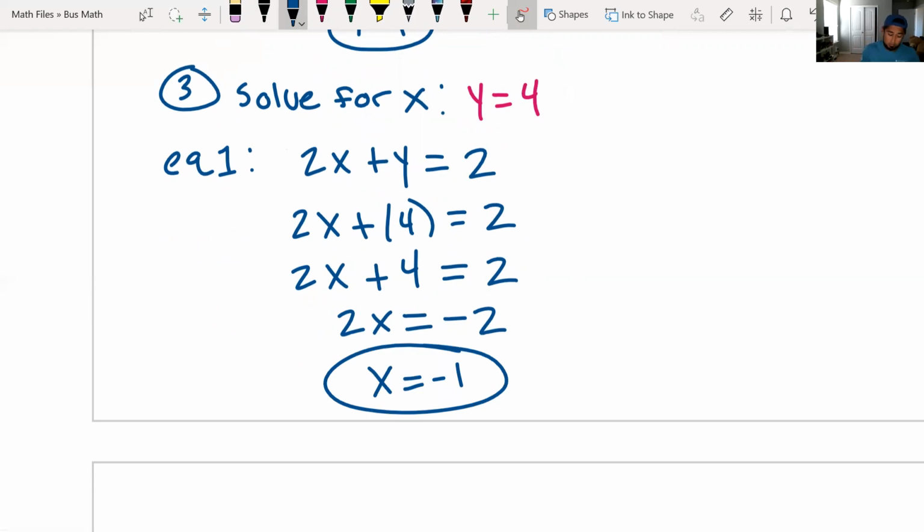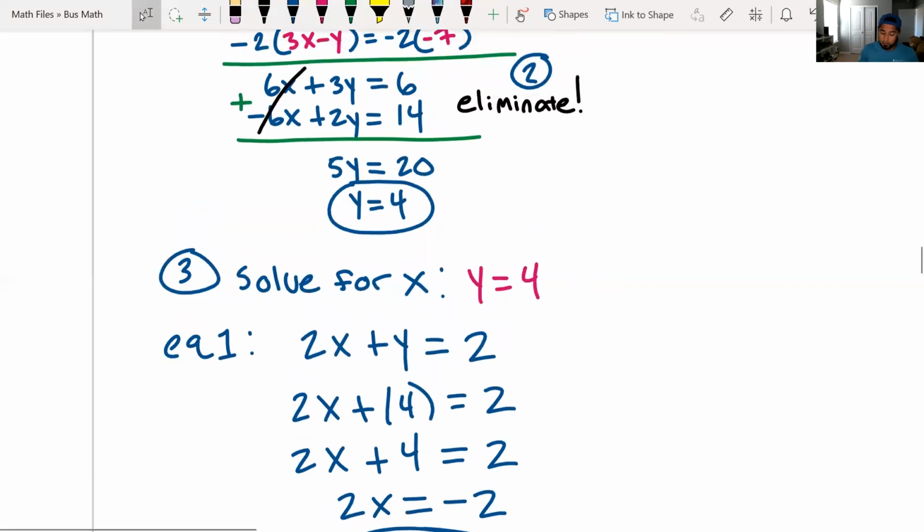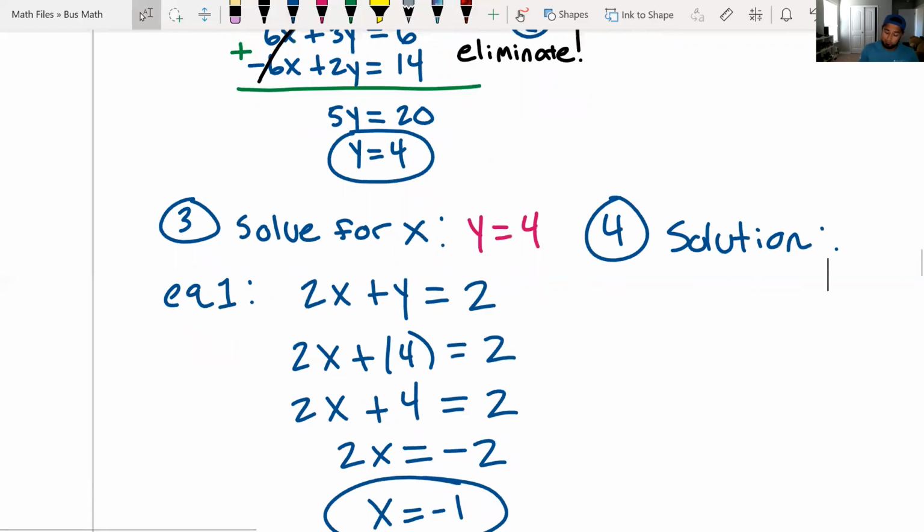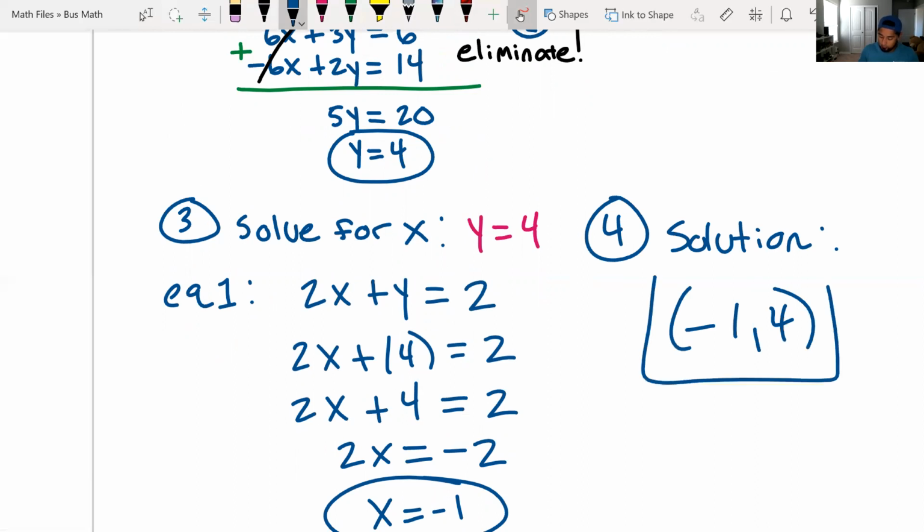Okay, excellent. Which means we can move on to step 4. Solution. Oh wow, look at that. Another negative 1, 4. Not all the solutions should be the same. It's funny, though.